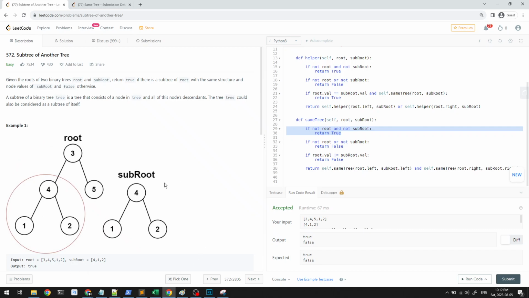So in that sense, the recursion stack wouldn't ever exceed m plus n. It's not like we would have m times n recursive calls in any sort of iteration or call. So the maximum would be m plus n in terms of how many recursive calls we would actually do.